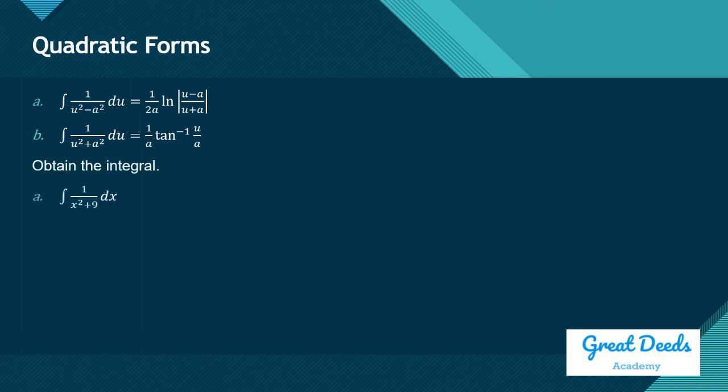Obtain the integral of 1 over x squared plus 9 times dx. I kind of have some preference for some particular functions, and this is one of the functions that I like. 1 over x squared plus 9. It's like it has a symmetry about it. This is a square. This is a square.